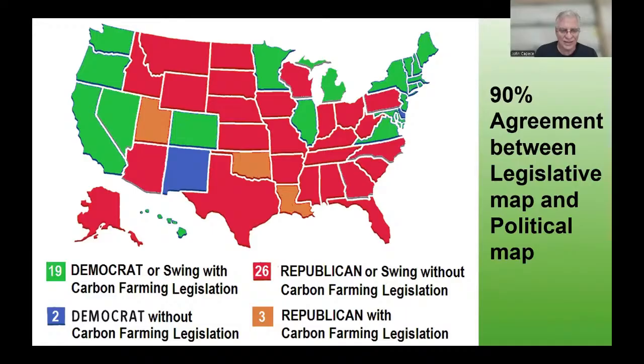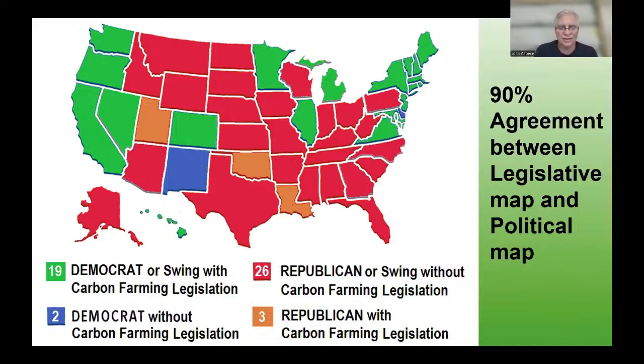There are 19 states highlighted in green that are either solidly Democratic or swing states that have actively passed carbon farming legislation. On the flip side, there are 26 states colored in red that are solidly Republican or red-leaning swing states that completely lack any carbon farming legislation whatsoever.